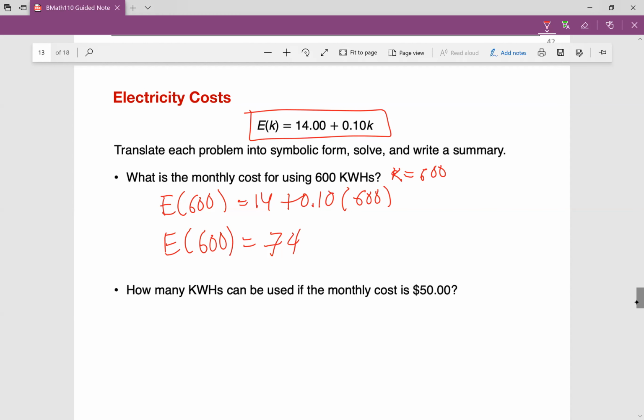And how many kilowatt hours can be used if the monthly cost is $50?